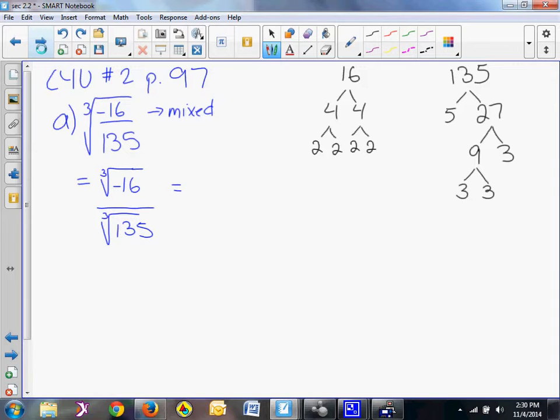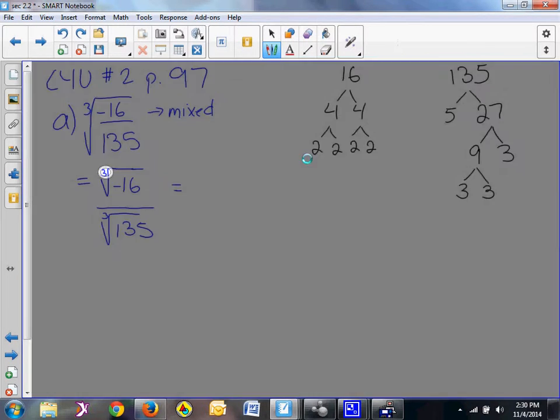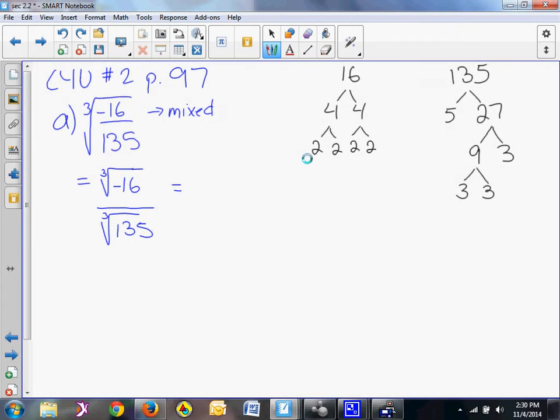So what we've done here is prime factor these numbers. In order to move some numbers to the outside of my radical, I need to circle my prime factors in groups of this number, so groups of 3. I'm going to circle 3 of my 2's here. I only have one 2 left, so I can't circle that with any other 2's.